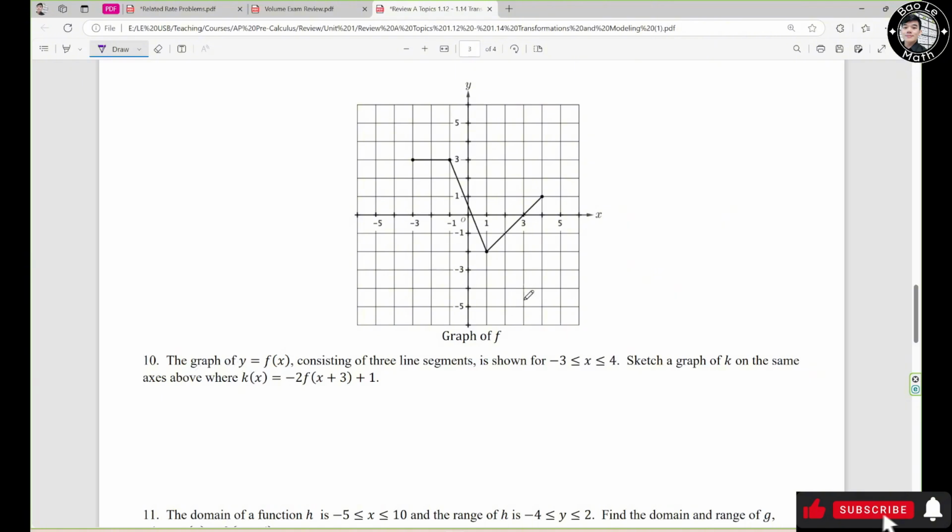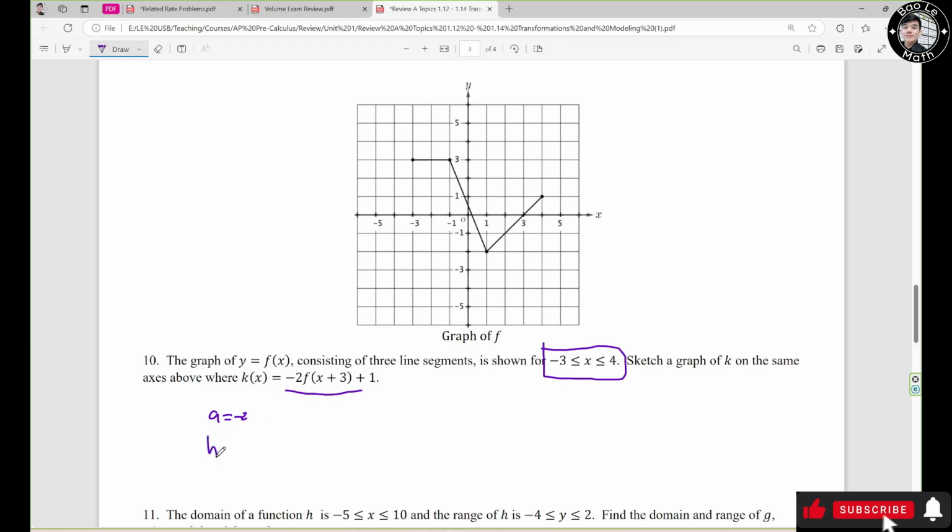The graph of f is given in the xy coordinate plane right here, within the interval negative 3 to 4. Now we need to sketch the graph of k, given by negative 2 times f of x plus 3, plus 1, right? So look at this one, we see a equals negative 2, which means there is a vertical dilation by a factor of 2, right, and reflect over the x-axis, right?